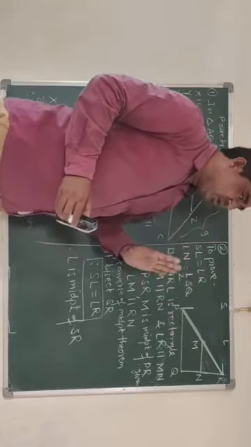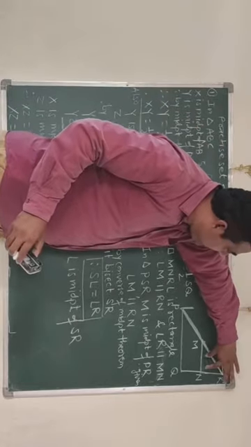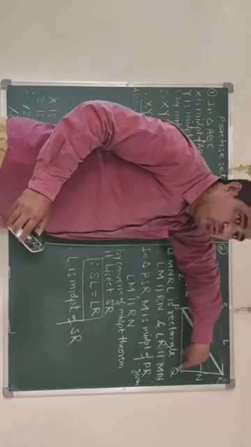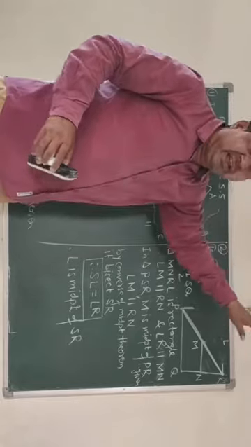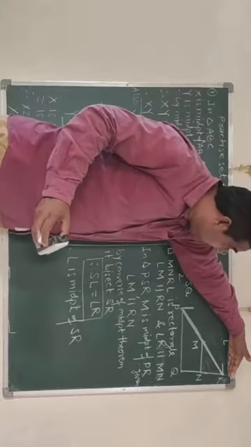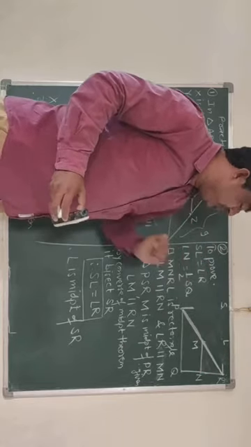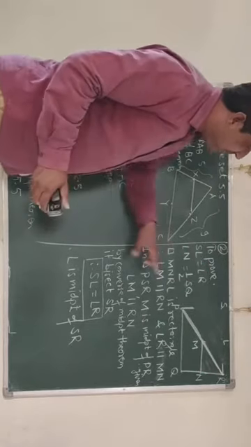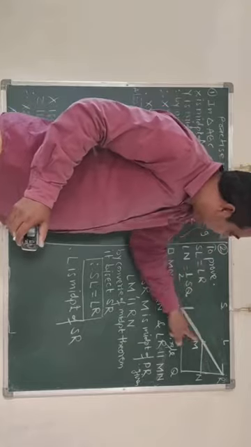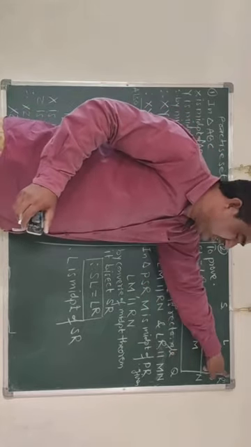So here, as LR parallel MN and this LR parallel to PQ, as this is a rectangle, opposite sides are parallel. This SR parallel PQ and MN parallel LR, so that is MN parallel to PQ. So indirectly, in the same way, here is the midpoint, MN parallel PQ. So it bisects this third side.